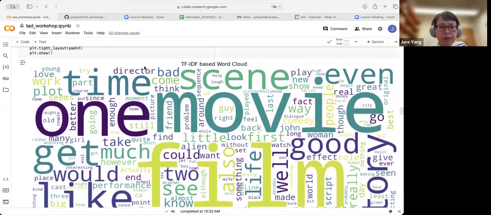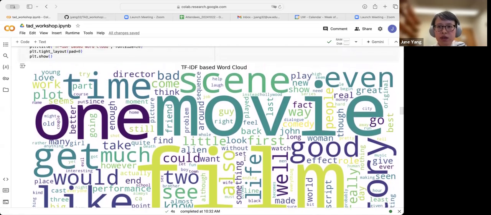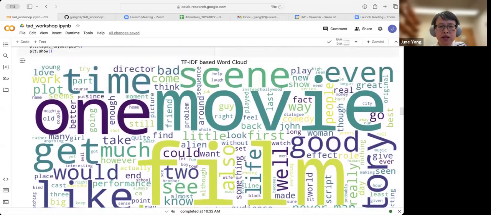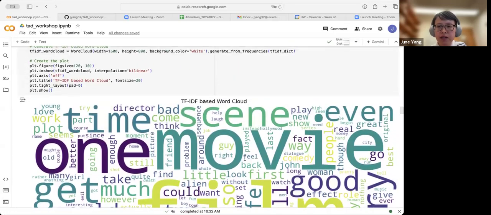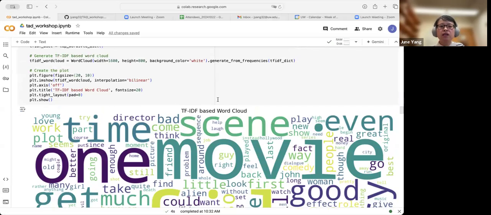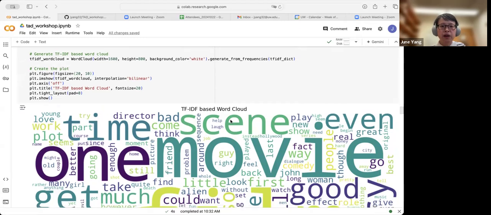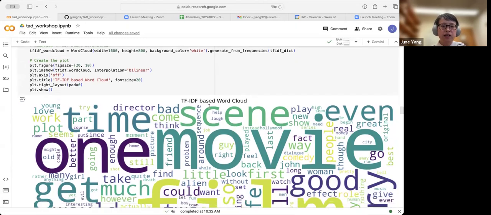So first, the color doesn't really mean much, right? It's just an aesthetic thing in this package. But the number of words contained is really determined by the size of the word cloud figure, and it's also determined, I guess, by the size of the font that you can input as a parameter.